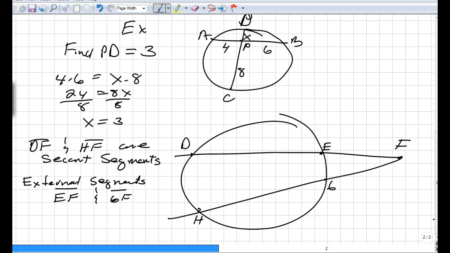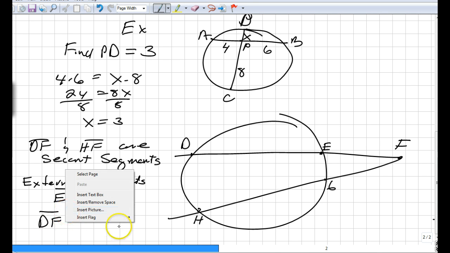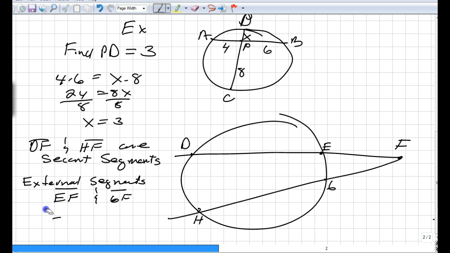And so the following theorem says that the whole segment, so the whole segment would be DF, length of DF, times the external segment has to equal the whole segment times the external segment.